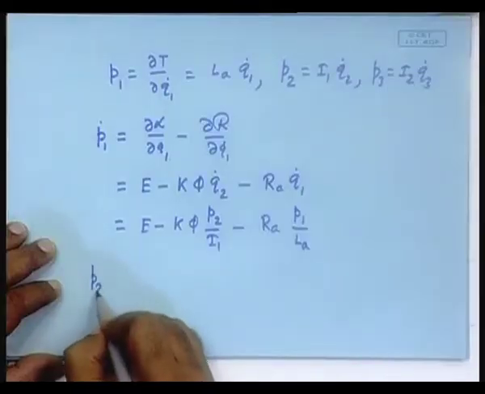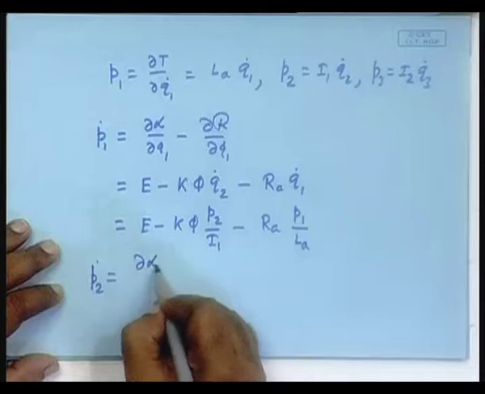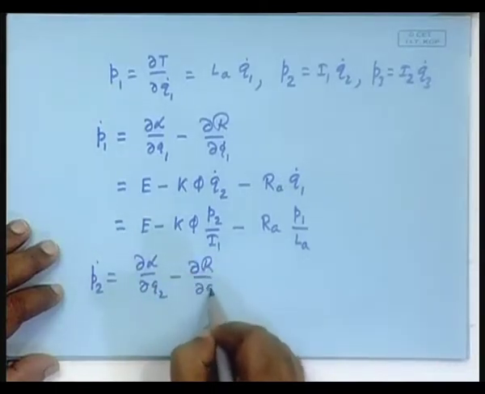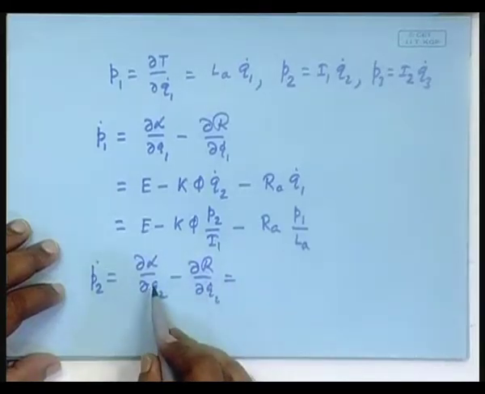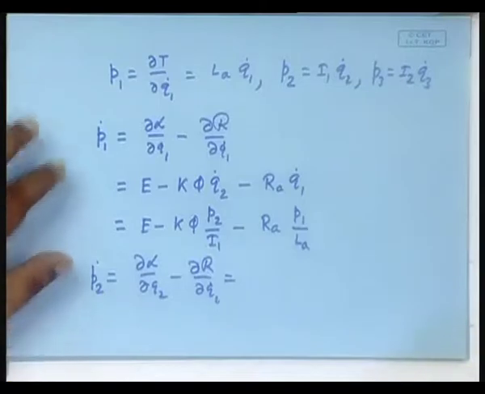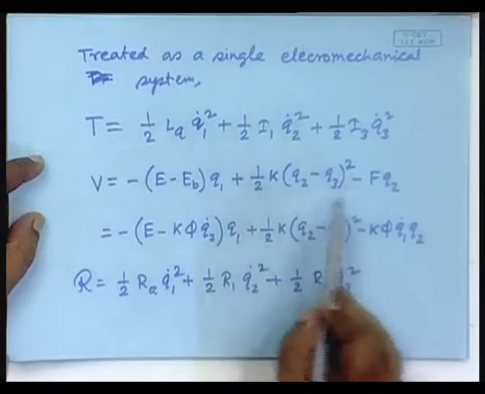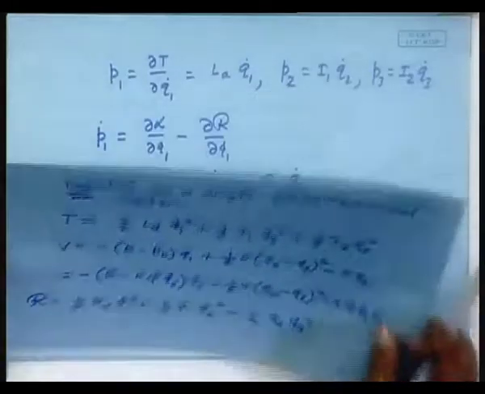Similarly, P2 dot is the derivative of the Lagrangian with respect to Q2 minus the derivative of the Rayleigh with respect to Q2 dot. This term will remain, this term will remain, right? Yes.